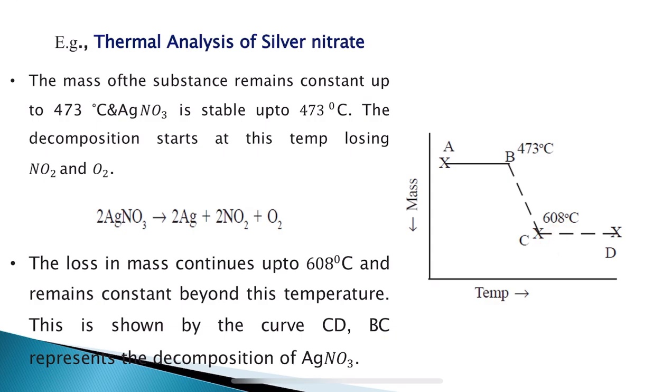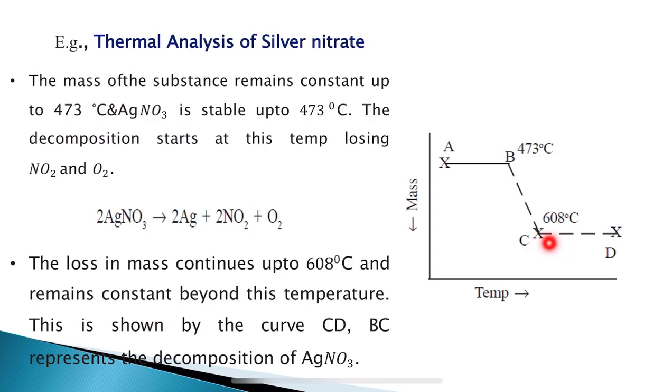Beyond this 608 degree temperature, the sample is going to be stable, or the mass is going to be constant. This is shown by the portion of the curve CD.